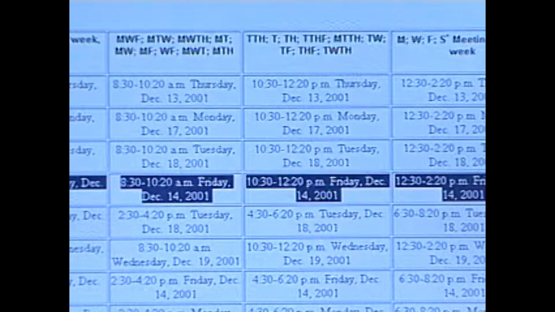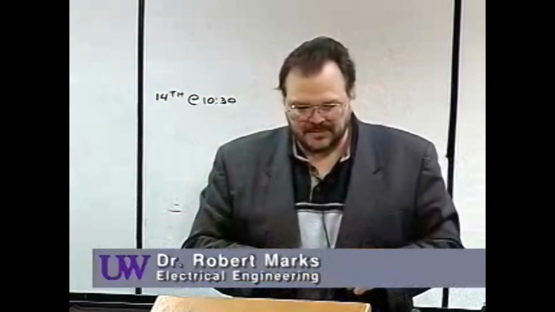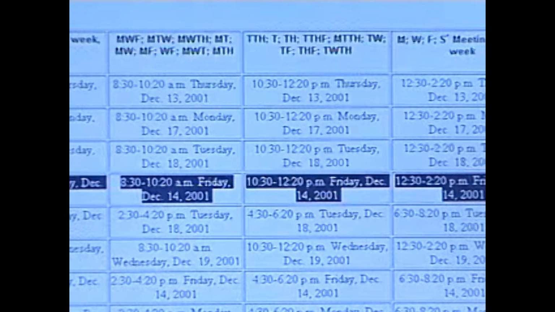Now, for Ed students, I don't know if the policies changed. It used to be that Ed students were required to come to campus for the final examinations. So we'll go ahead and use that policy. So if you're an Ed student, we'll see you here on Friday, December 14th, 2001. My assumption is that that hasn't been changed. If it has, let me know and I will announce it. But right now, it must be that you do come here.